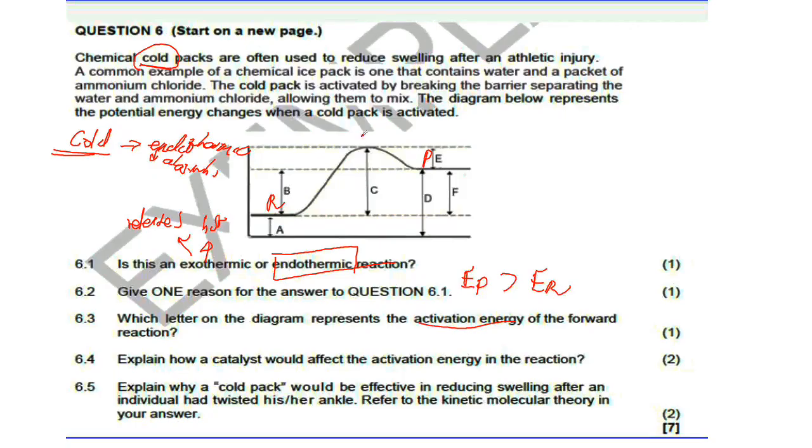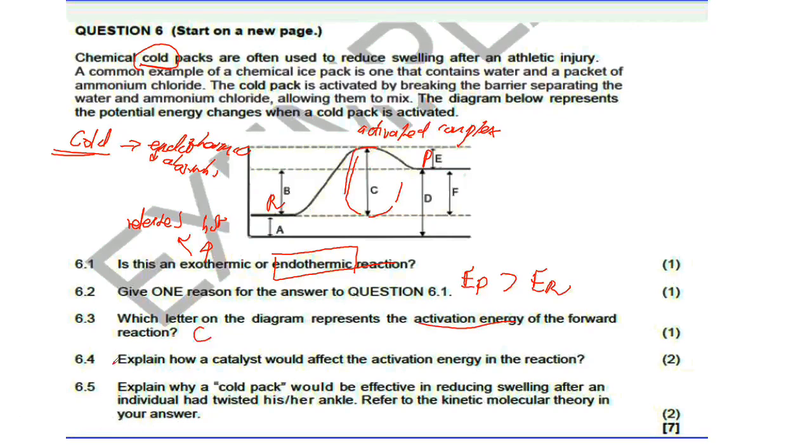And the activated complex is that maximum energy there. So here we have the activated complex, and then the forward reaction is this one. Starting from the reactants all the way to the activated complex, we can see that that length is represented by C, right? So the letter that represents that is C, 1 mark.